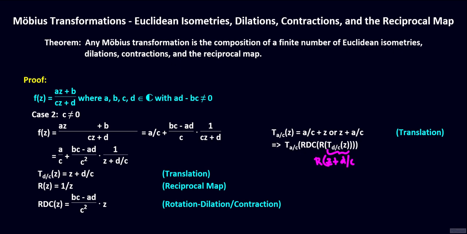R applied to this gives us the reciprocal of z plus d over c. RdC applied to this multiplies the quantity bc minus ad divided by c squared to this reciprocal. t sub a over c translates this last expression, giving us f of z.